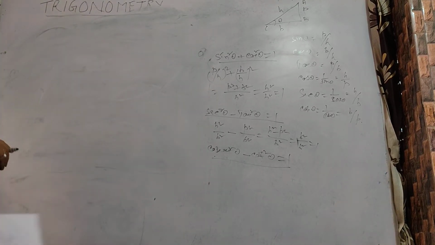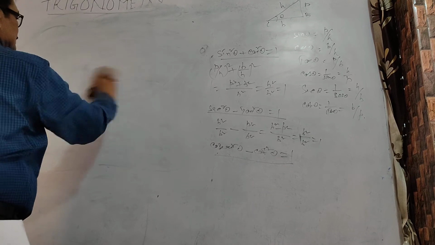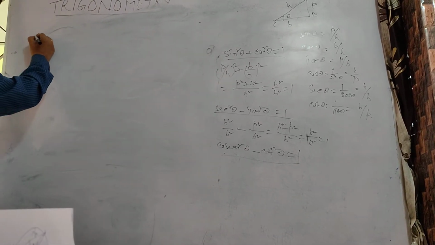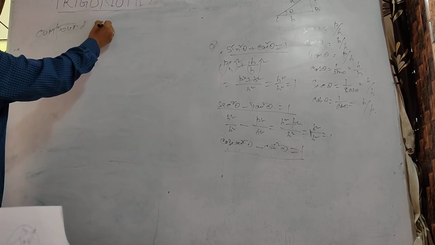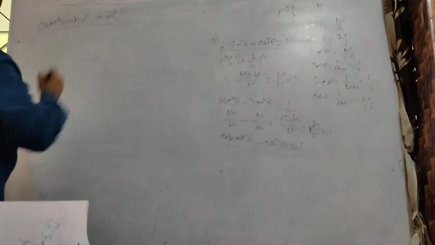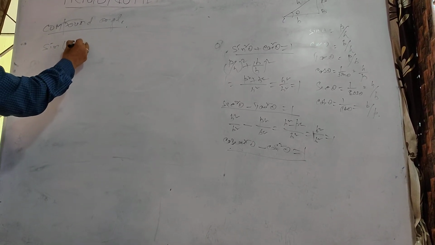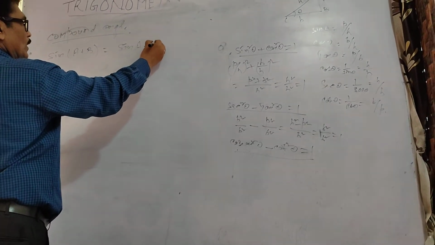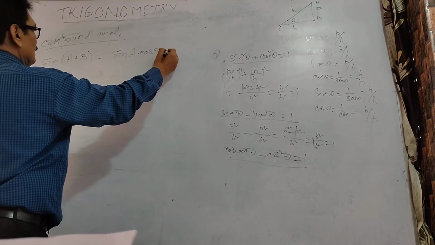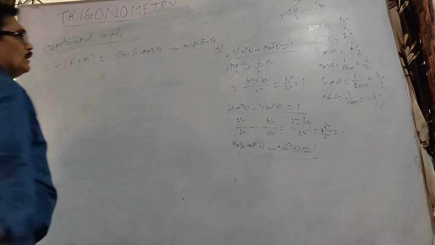Now see, compound angles. That is sine A plus B is equal to sine A into cos B plus cos A into sine B. We have already proved it earlier.